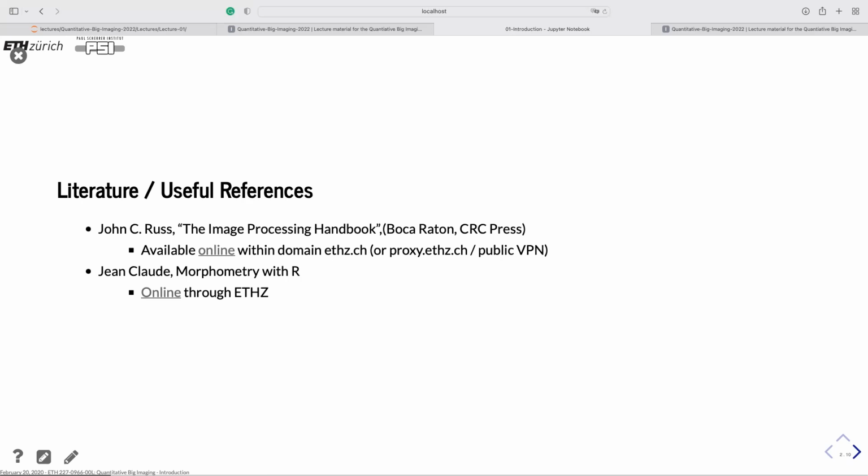Another one is Morphometry with R by Jean-Claude, and it's also available online. It has a lot of good theory in it, but the disadvantage from my point of view is that it's using R instead of Python as language, but the knowledge in there is worth taking a look at.